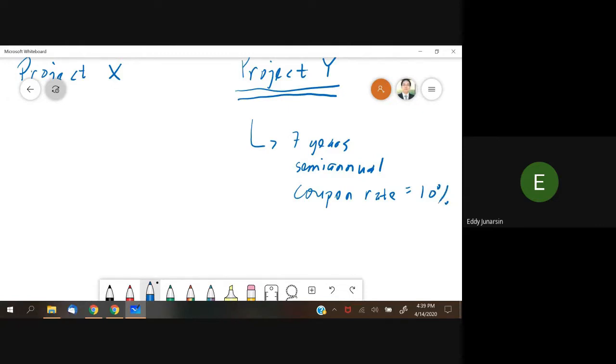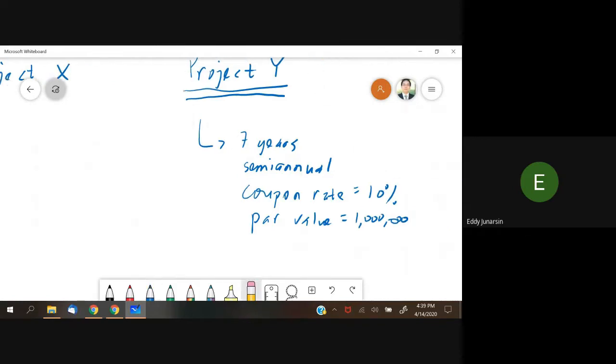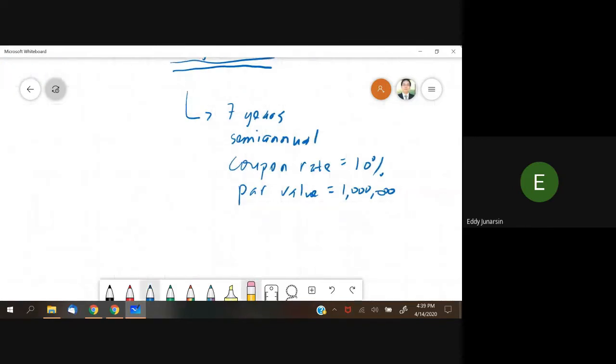And again, the nominal value or the par value, say, is 1 million. The current price right now is maybe 980.